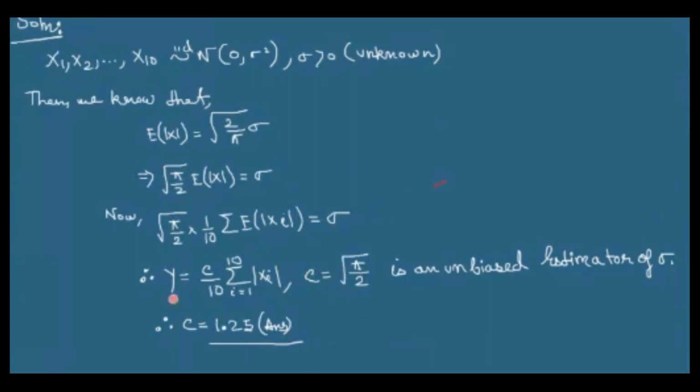That is, we can say that the random variable Y, which is defined by c by 10 into summation i running from 1 to 10 of mod of Xi, where c is this constant root pi by 2, is an unbiased estimator of sigma. This is a very standard result about mean deviation about mean. So root pi by 2 turns out to be 1.25. So our constant c is 1.25.